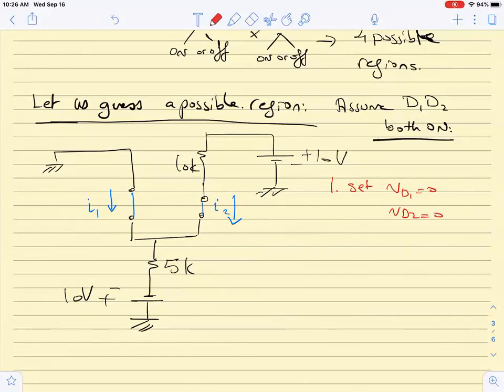Number 2, we are going to solve. And then number 3, we are going to check. What do we want to check in this case? I1 and I2 greater than 0. If I1 is greater than 0 and I2 is greater than 0. Right? Exactly. So I want to make sure of the two diodes because I said they are on.